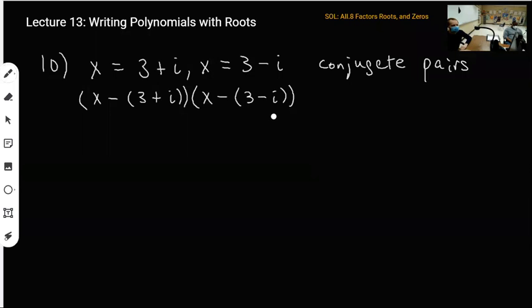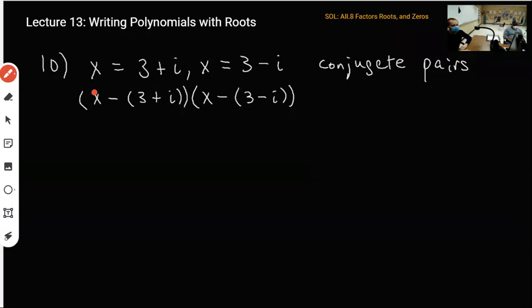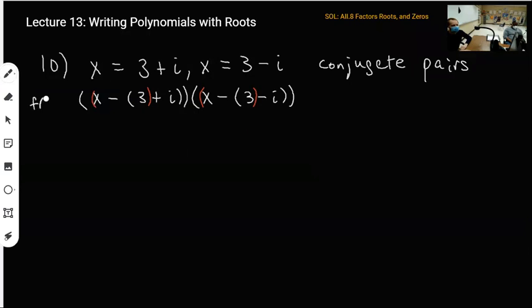So I'm subtracting these two numbers, and what I'm going to do next is put the x with the real number, the minus 3. And I'm going to put the x with the minus 3 right here. First of all, let me put my f of x down so I don't forget that.